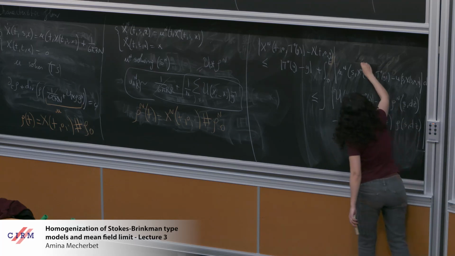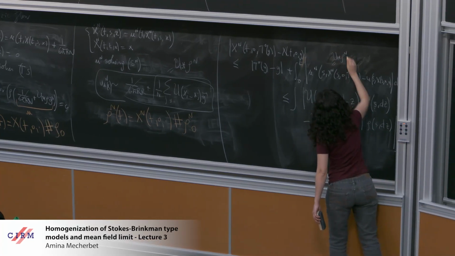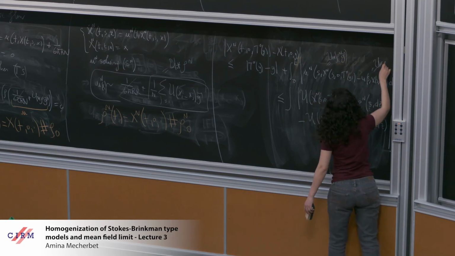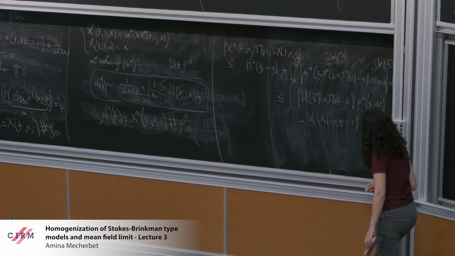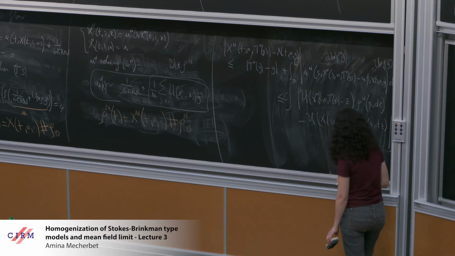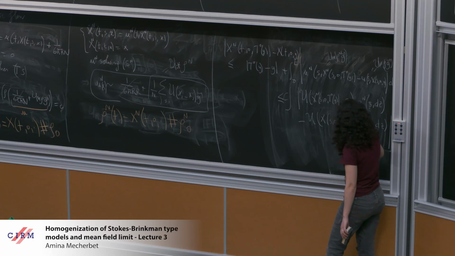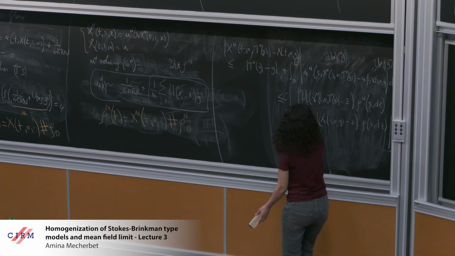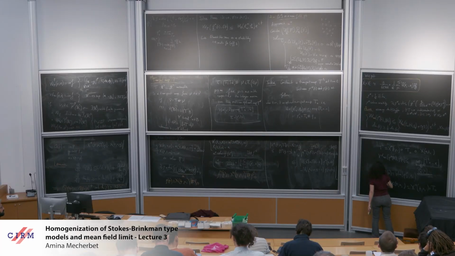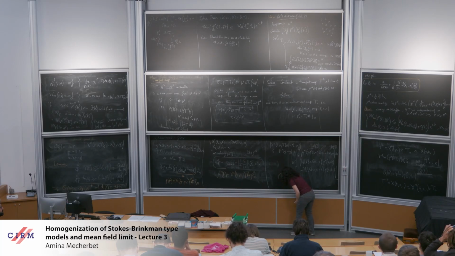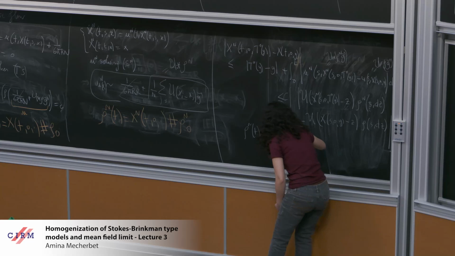So I just use that this is U convoluted with rho n, and this is U convoluted with rho. Okay, there is always a j, but okay, j is a constant, so nevertheless. And so now you use that this you can also write it in terms of rho because of the transport plan, right? So because of this, rho n t is just the push forward of rho t, thanks to the flow.